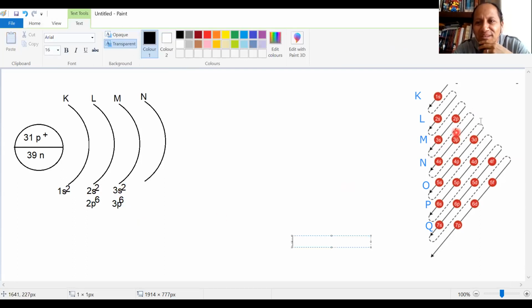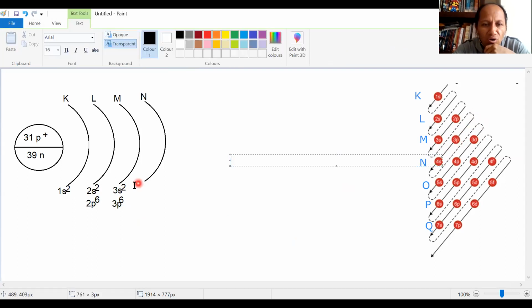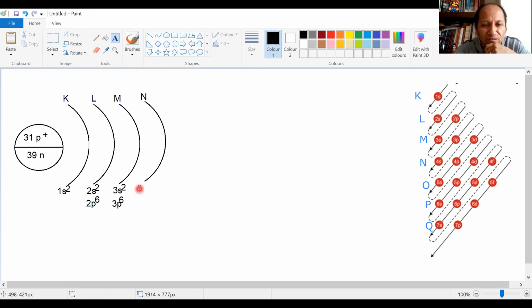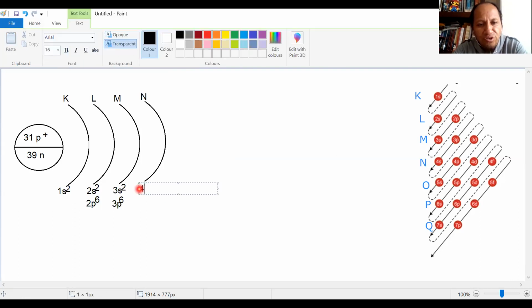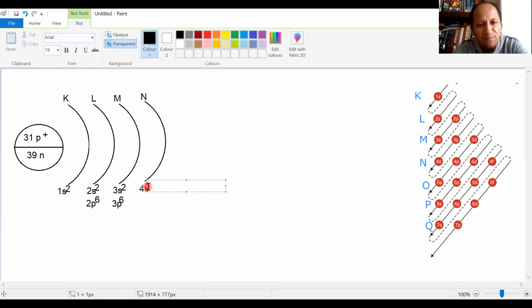Let's continue. Then we have the 3p, and then continue the arrow, and it says move not to the 3d. You follow the arrow, move to the 4s. Oh, let's go to 4s. Fourth level of energy. Go to the 4, and you write 4s, right? And the s is filled, as we studied before, with 2 electrons.